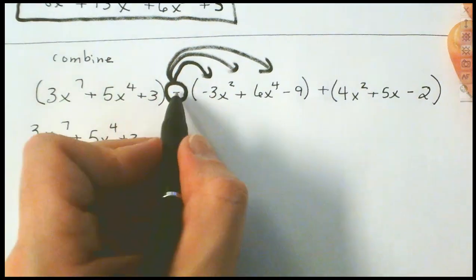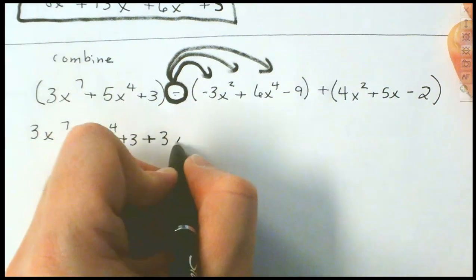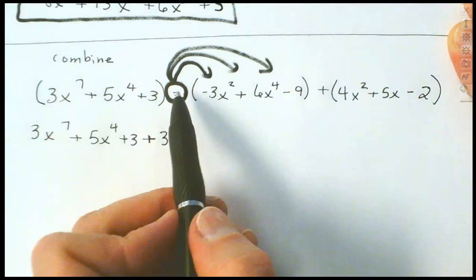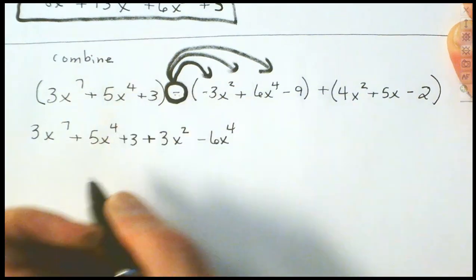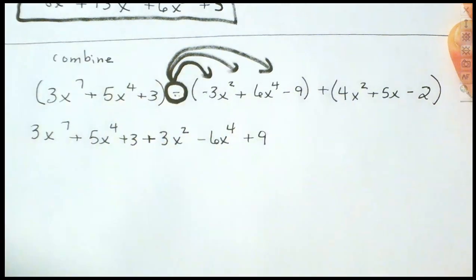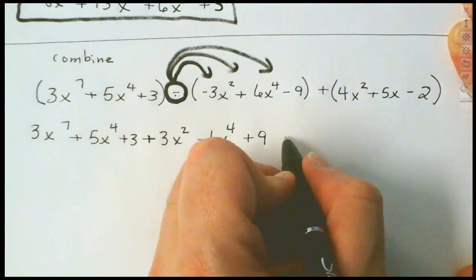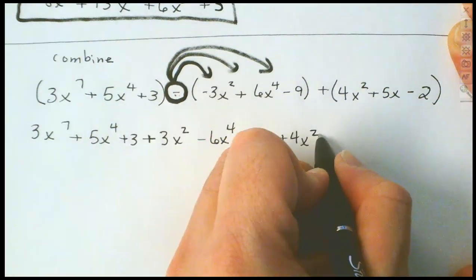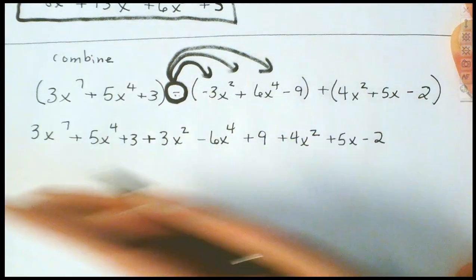Negative and negative makes a positive 3x squared. Negative and positive makes a minus 6x to the 4th. Negative and negative makes a positive 9. And we don't need the parentheses here because of the plus. So that's a 4x squared, a 5x, and a minus 2.